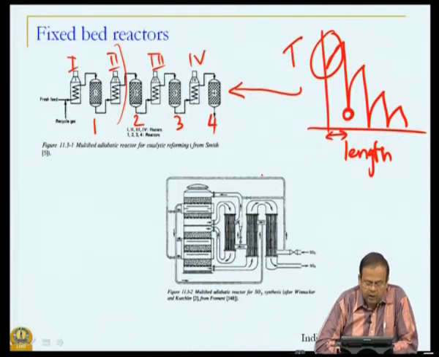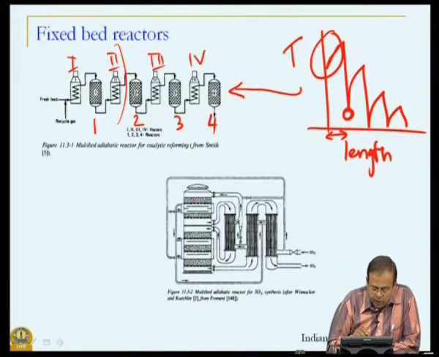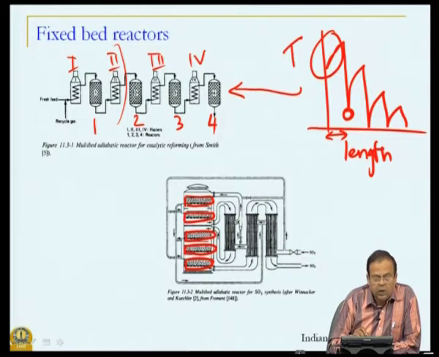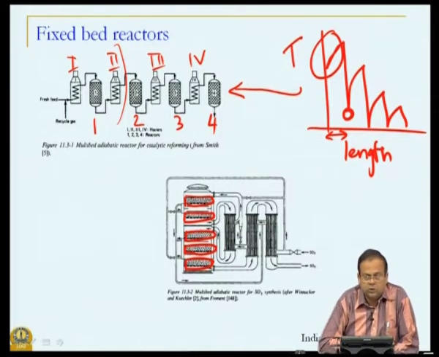So, what we have here is a bed of reactor. So, this is my reactor with 4 different beds. And these are my heat exchangers. So, what I am doing is actually passing the reactant through the bed, taking it to the heat exchanger, again passing it through the bed to another set of heat exchangers.